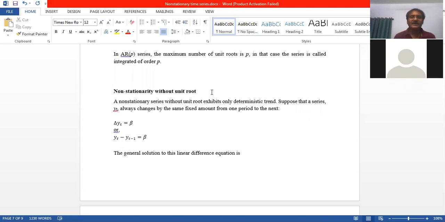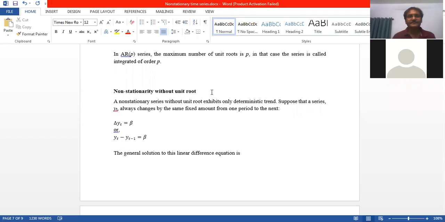So non-stationarity without unit root means the series exhibits only deterministic trend. So now let us start with the concept of deterministic trend.